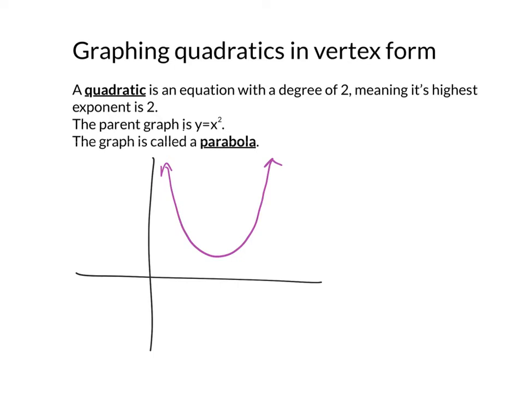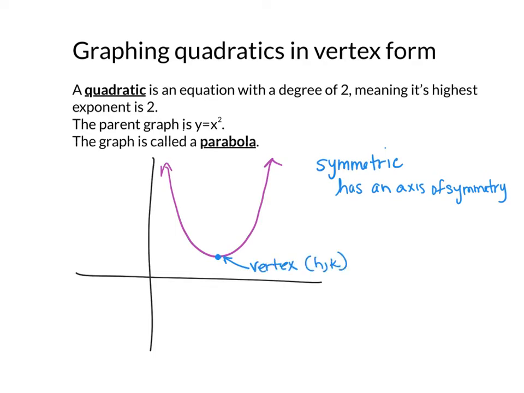And this graph is symmetric, which means it has an axis. That axis of symmetry passes through the vertex, which is h comma k, and it's a vertical line, and the graph is symmetric around that.